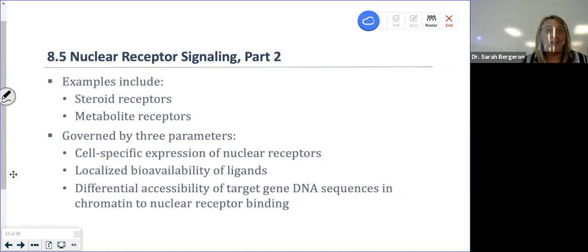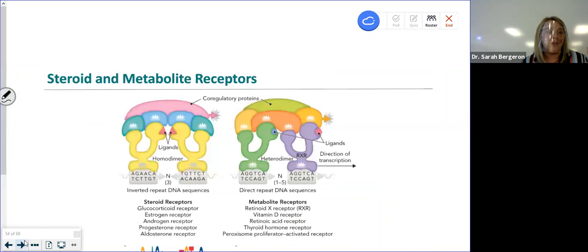And that is all about condensation of your genome, right? How condensed is it? Is it heterochromatin? Is it euchromatin, right? And so if it's accessible, and the ligand is there and the transcription factor is there, it's all going to work. But if any one of those three things doesn't work, even if you have the ligand present, you're not actually going to get an effect. Okay? So it depends on all three things.